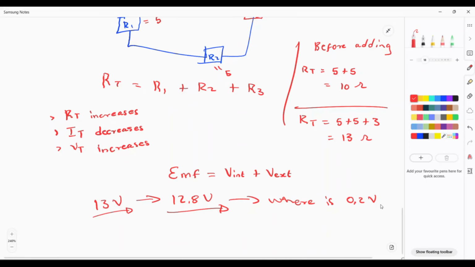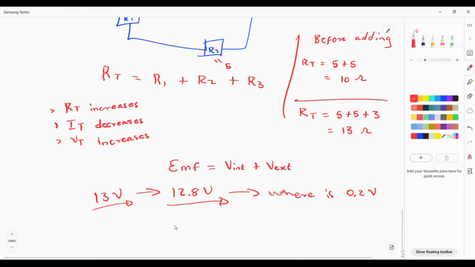A battery has a resistor inside. So when you do the calculations, you are going to break this formula down into the external and the internal.